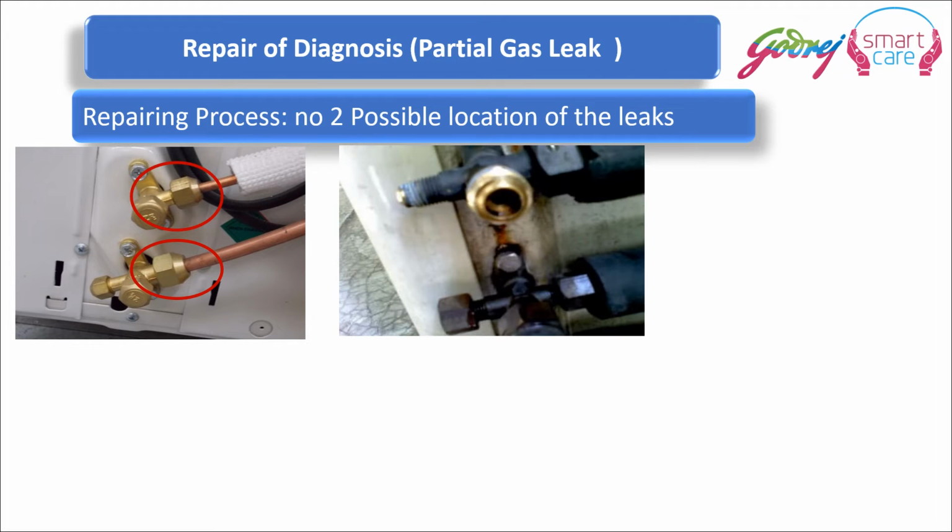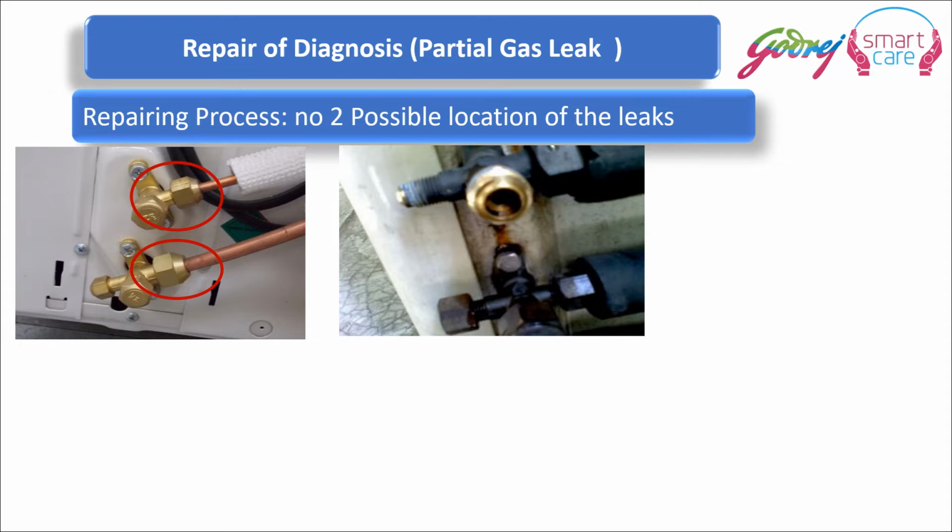Check for the possible locations of the leaks. To identify the leaks, one easy visual method is to check for oily or blackened spots at every joint of the refrigerant sealed system.